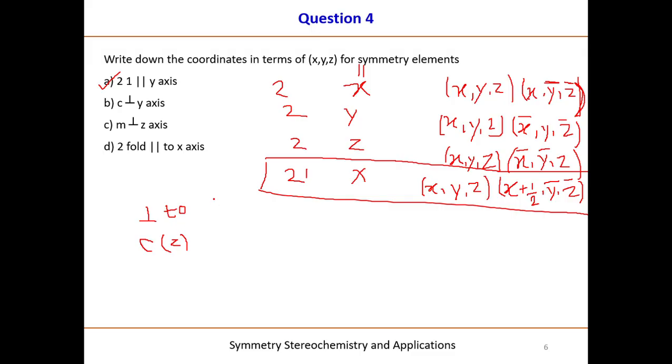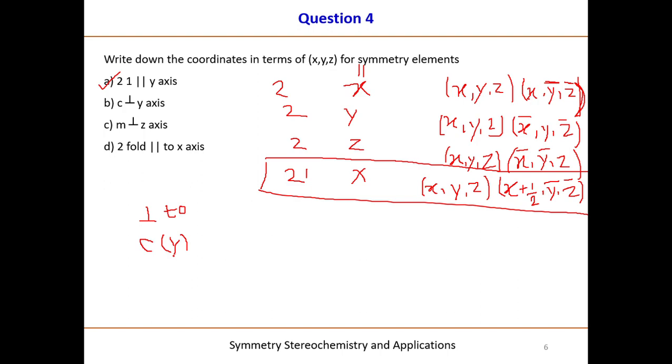Sorry, in this question they have mentioned C is perpendicular to y-axis. That means here we have to write y, because they have mentioned perpendicular to y-axis.